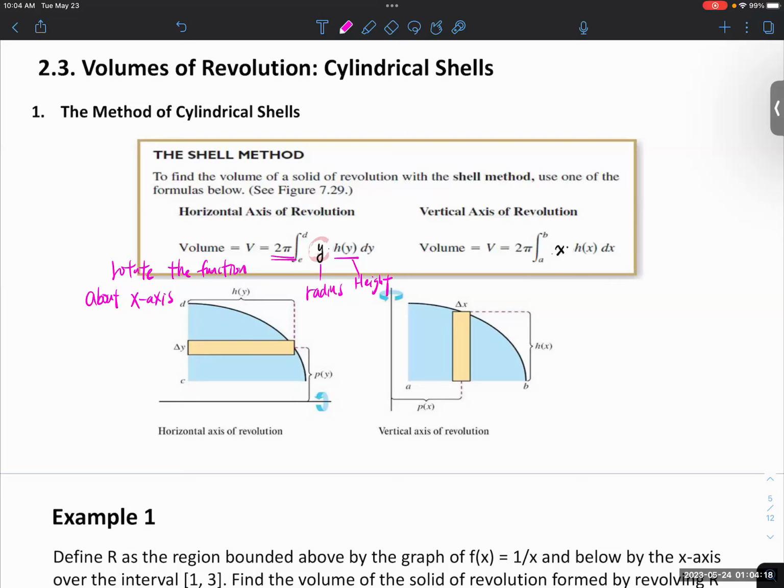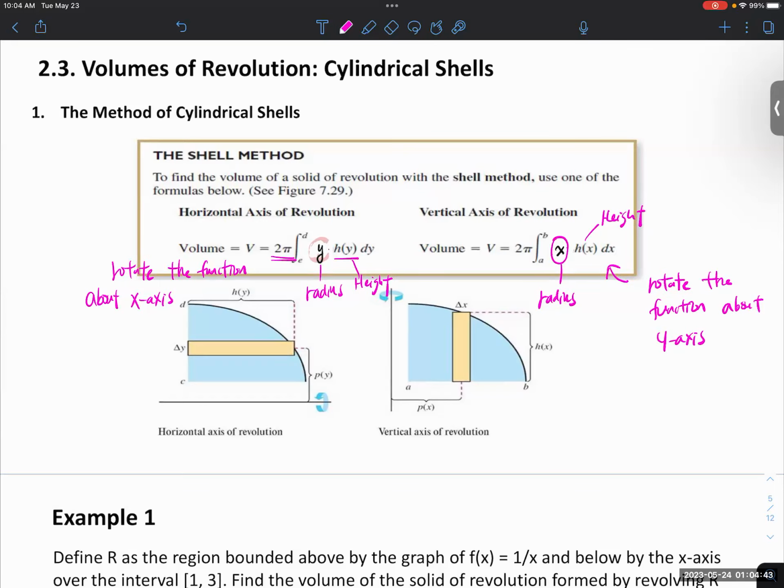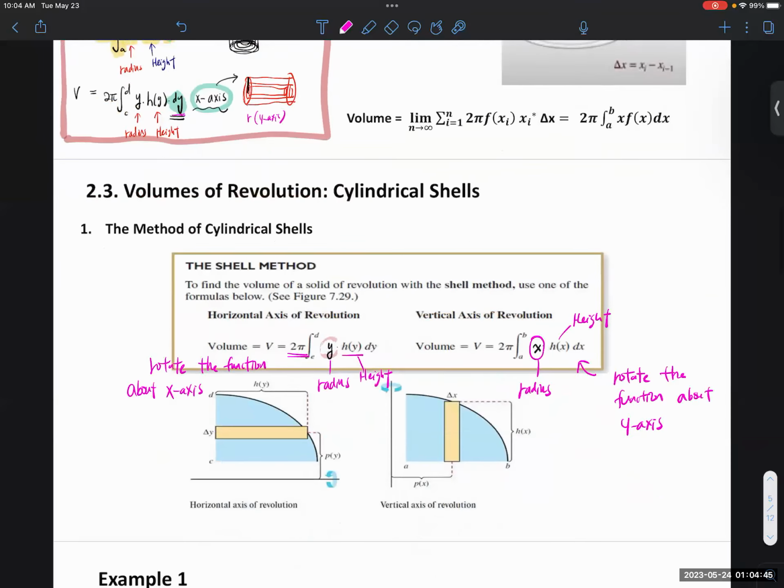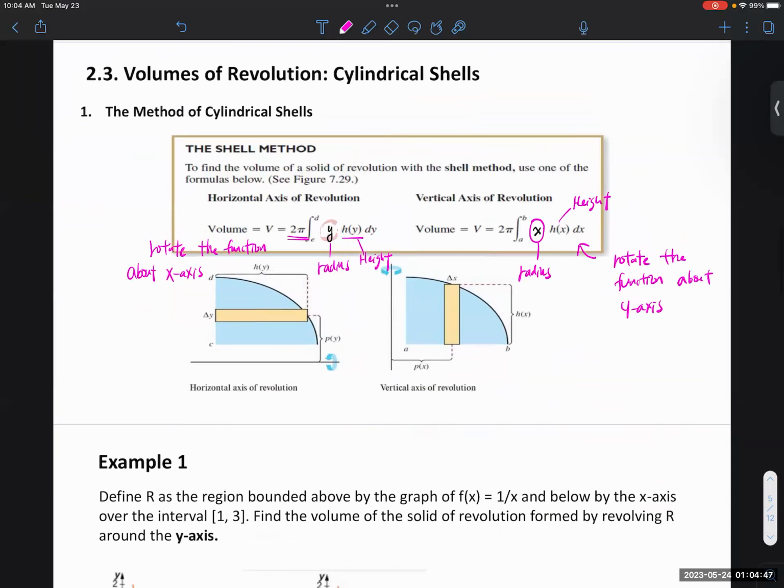So 2 pi r times height, that's gonna be the volume formula. Same thing, the second formula is when you rotate the given function about y-axis, the radius of the circle is on the x-axis. So this is going to be the radius and that is going to be the height.